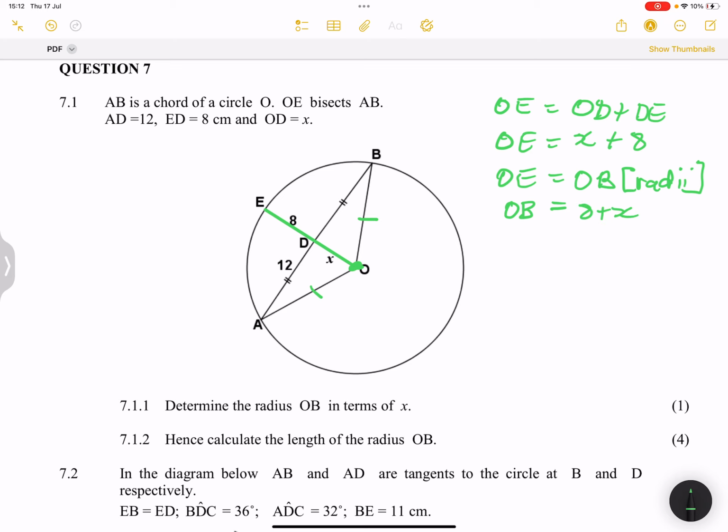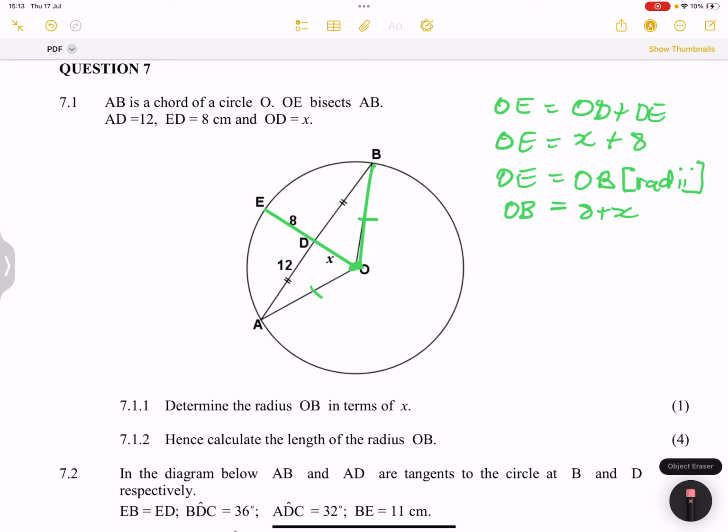All right, now they say to us, hence calculate the length of the radius OB. So we want to know how long the radius OB is, and not in terms of X, but this time in terms of the dimensions that we're given. Now I want us to note this side here we know is 12 units.